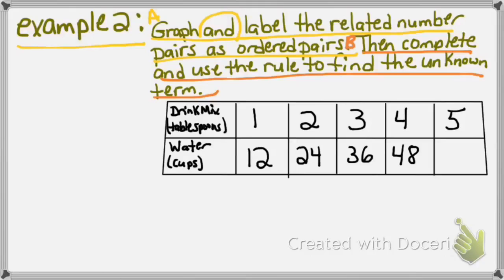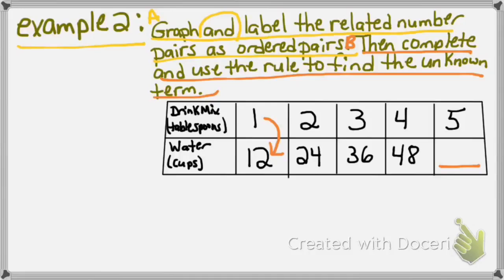So let's take a look at this part right here. So my unknown term is right here in that empty box, and I know I have to figure out what do I do to a 5 to find out what my unknown term is, or what do I do to the drink mix to find out how many cups of water I need. So I'm going to go to one of the earliest ones in this table, which is the 1 to the 12. What do I do to a 1 to turn it into a 12?